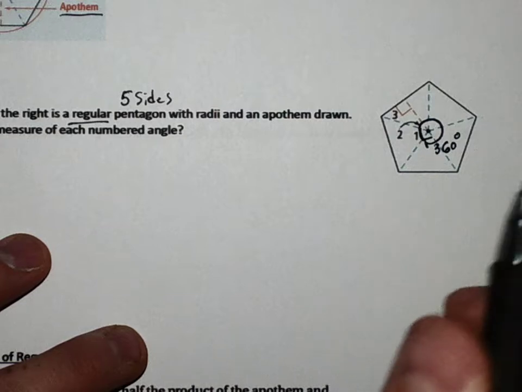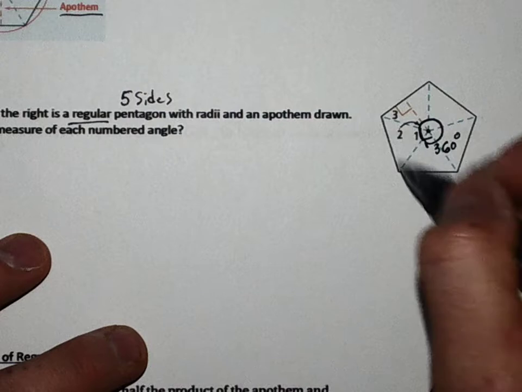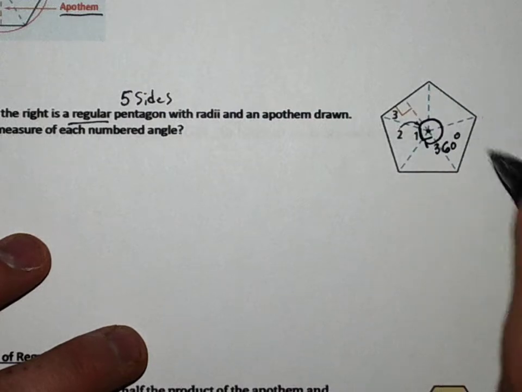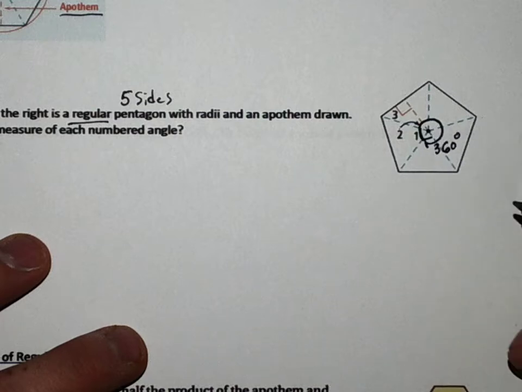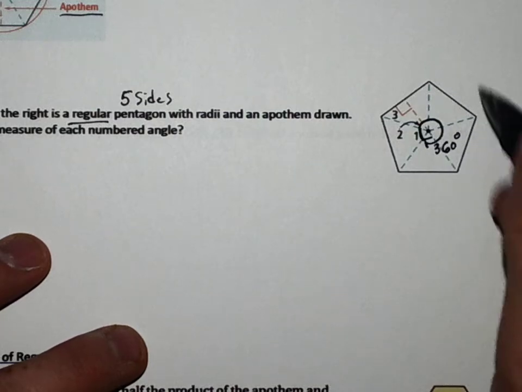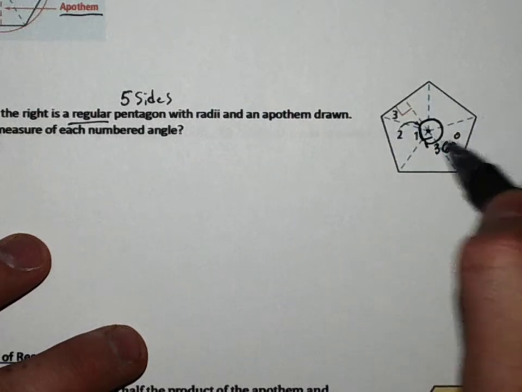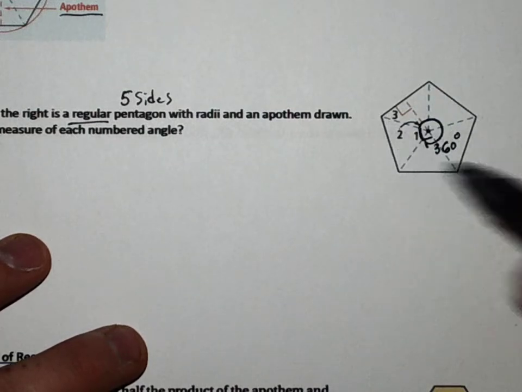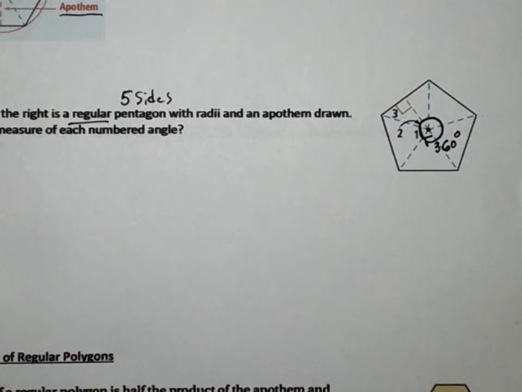But here's the main idea. Since this is a regular pentagon and all of these sides are equal, all of these radii are also equal. If all of these radii are equal and all of the sides are equal to the sides and the radii are equal to the radii, that means every one of these angles is equal as well.